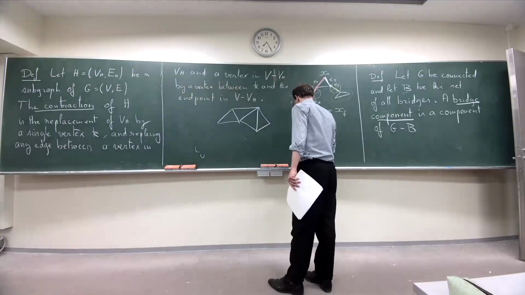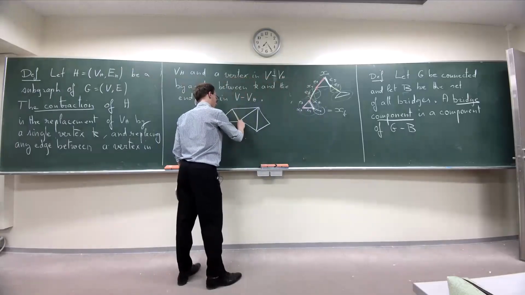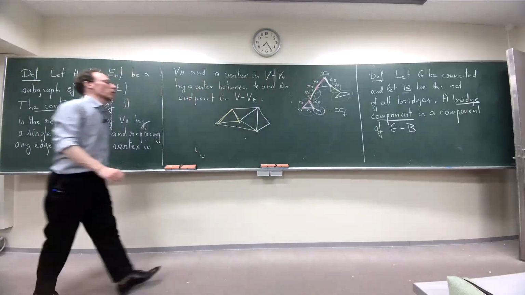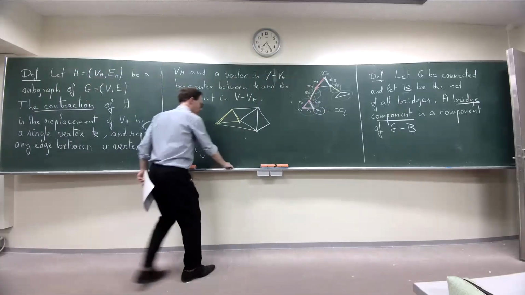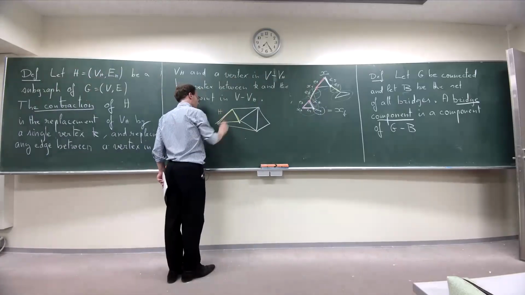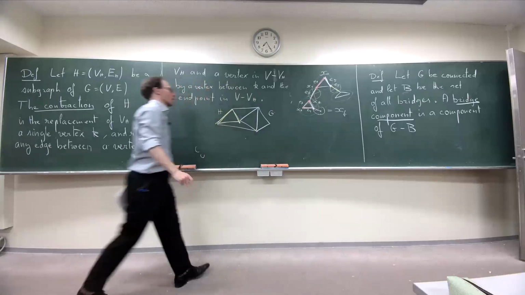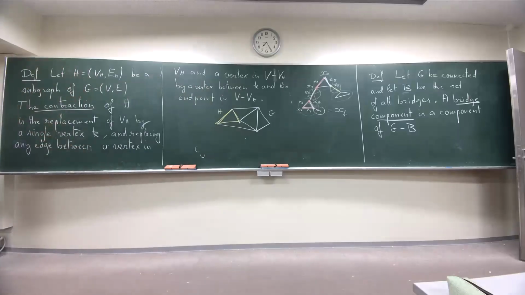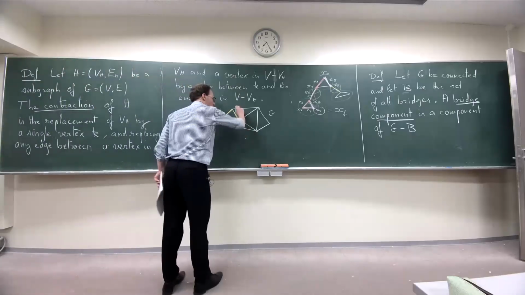This is G, and I decide that this part, the yellow part, is H. It's an arbitrary subgraph. So if I do this procedure, the contraction of H, it means first I copy the white part.